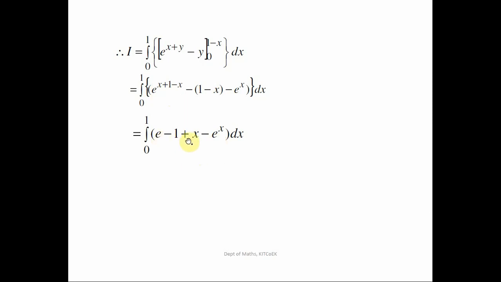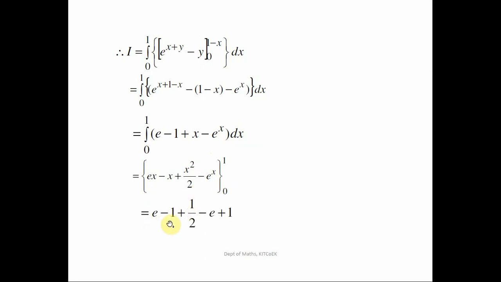e minus 1, both are constant terms, so integration of e is ex, integration of 1 is x, integration of x is x square by 2, minus integration of e raised to x is e raised to x. And then in this, by putting the values of upper and lower limits, so first replace x by 1 and then minus replace x by 0.